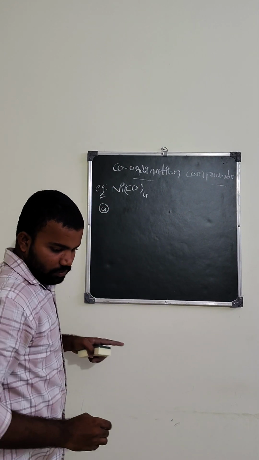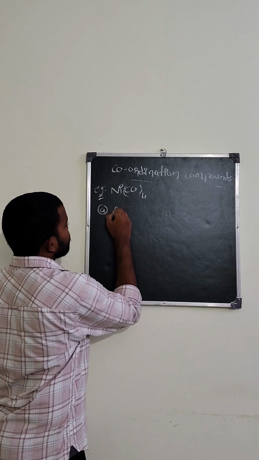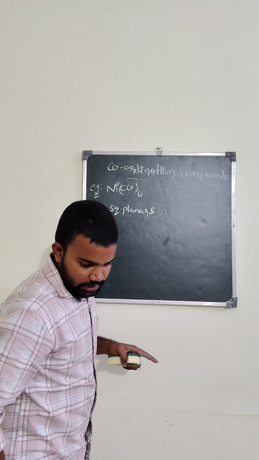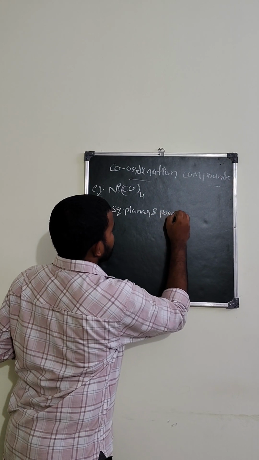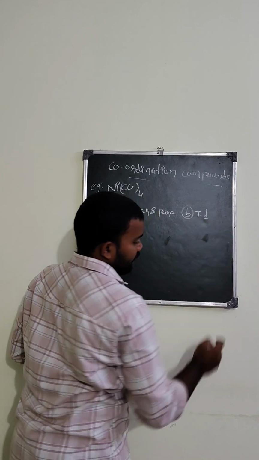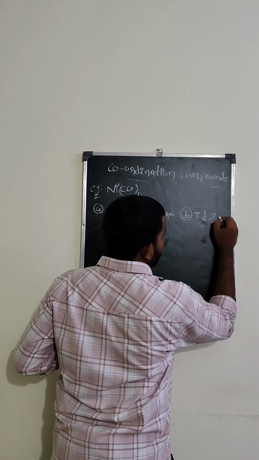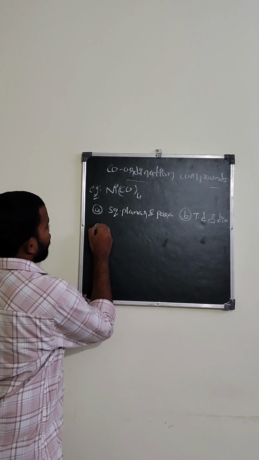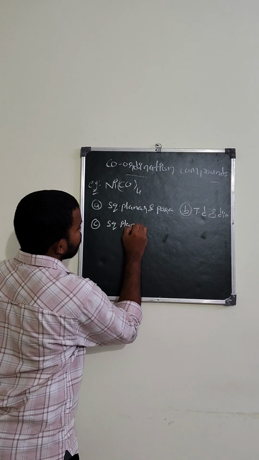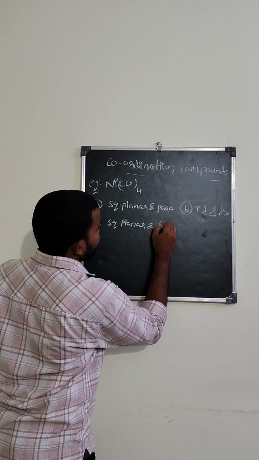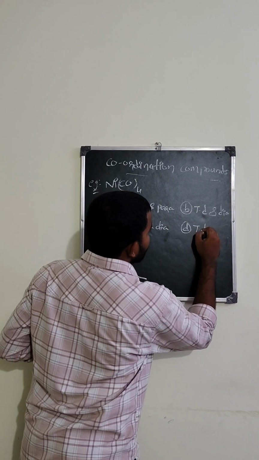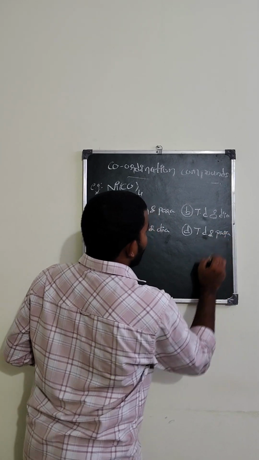Options: square planar geometry and paramagnetic; second one is tetrahedral and diamagnetic, I am writing as dia; third one is square planar and diamagnetic; and last one is tetrahedral paramagnetic.